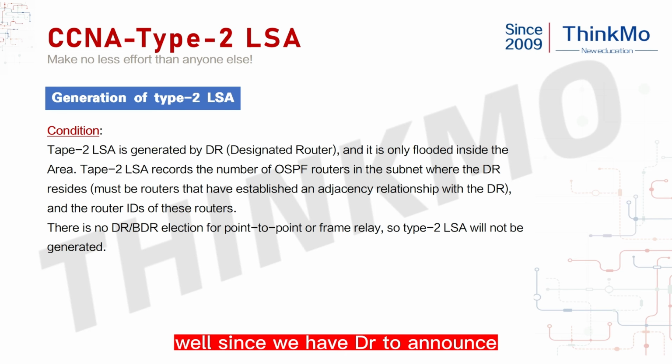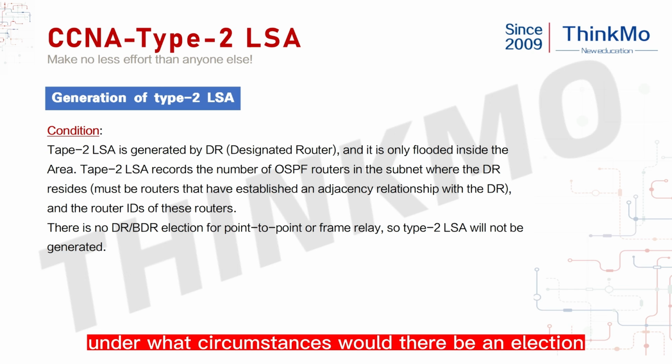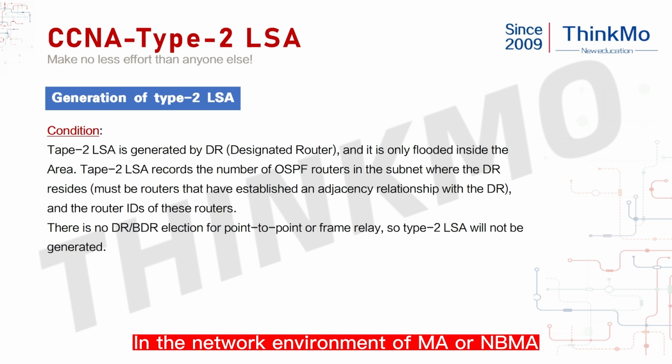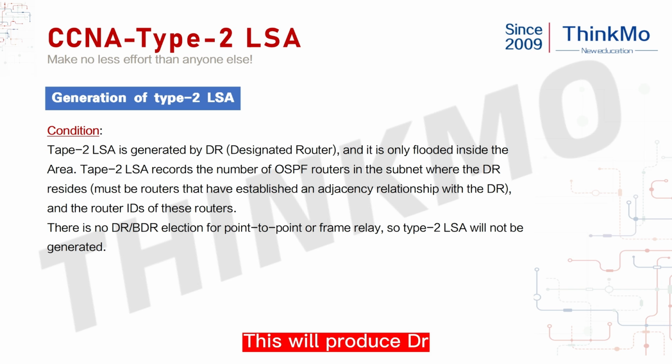Since the DR announces this virtual router, we need to know under what circumstances there would be a DR election. In a MA or NBMA network environment, a DR is produced.